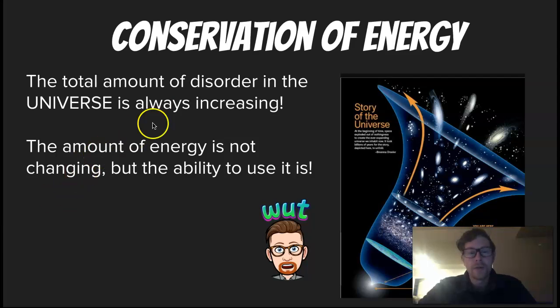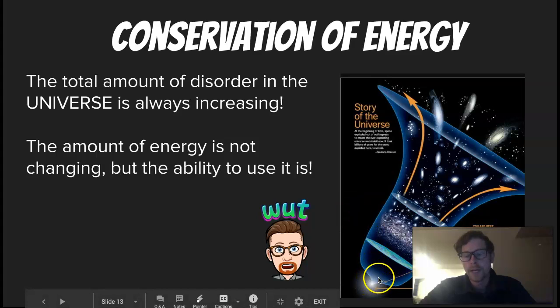So what we say is the total amount of disorder in the universe, there's a fancy word for that I'm not going to go into now, is always increasing. In other words, there's always the same amount of energy, but the ability to use it is changing, right? And so we had lots of order way back at the Big Bang state, and we are becoming more and more disordered.